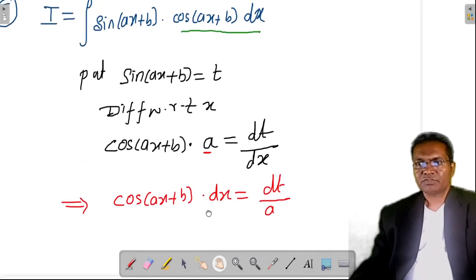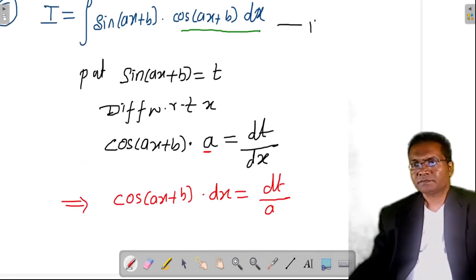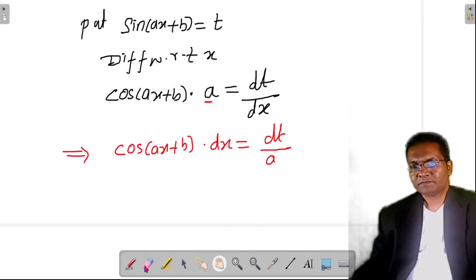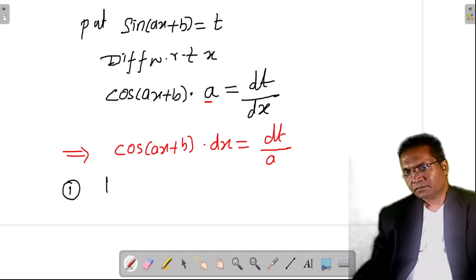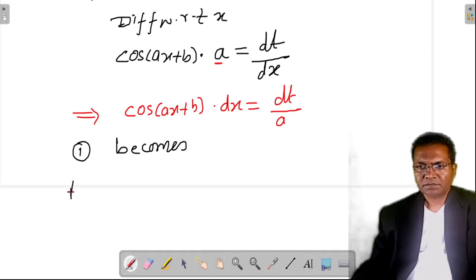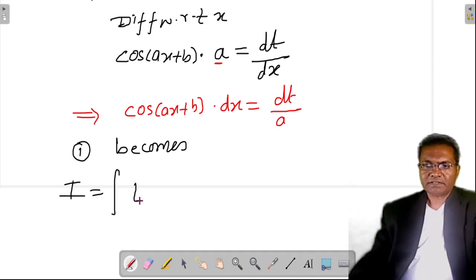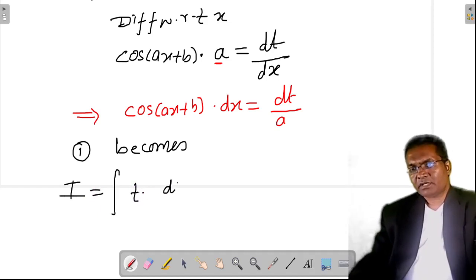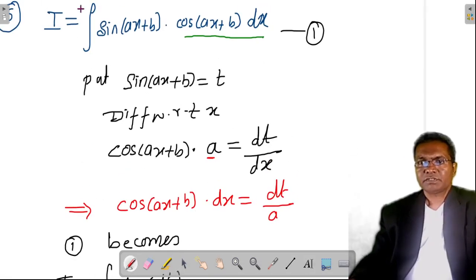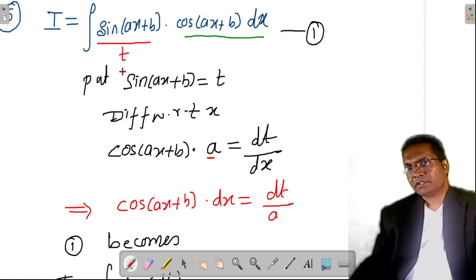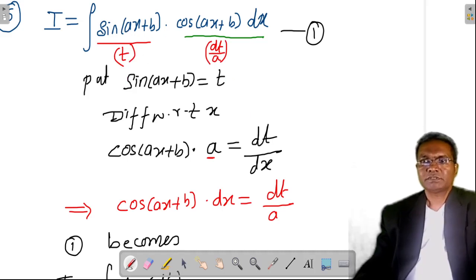Okay, so call it I. So I is equal to integration of sine, which you replaced as t, and the second term you got is dt by a. Look at this: this is your t, and this is your dt by a. So remember that.